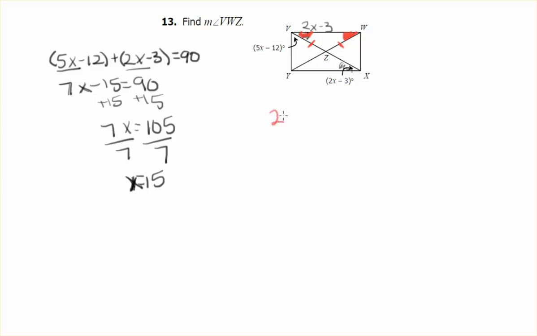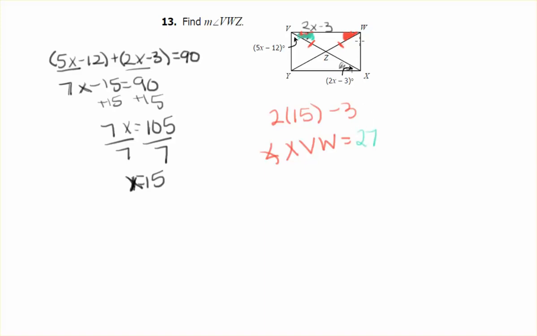So I'm going to substitute 15 in for x in 2 times x minus 3. So I substituted it in so that I'm looking for XVW. So I found this angle in this teal color first, and I found that it was 27.